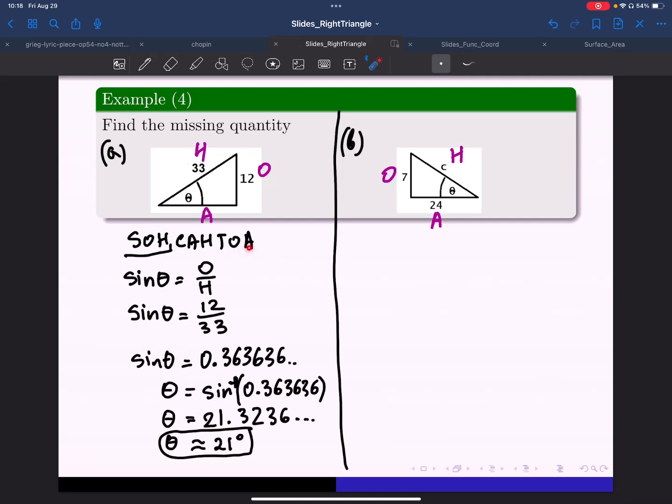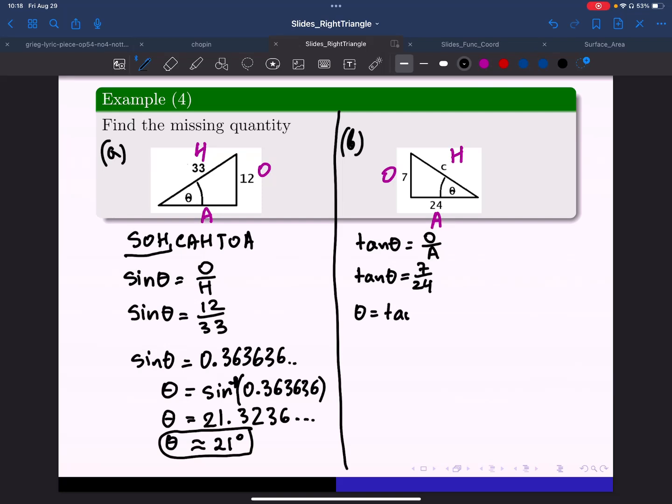So in that case, I'm using tangent theta. So tangent theta is equal to opposite over adjacent. Opposite is 7, adjacent is 24. So then to solve it for theta, we would use the tangent inverse, of course.